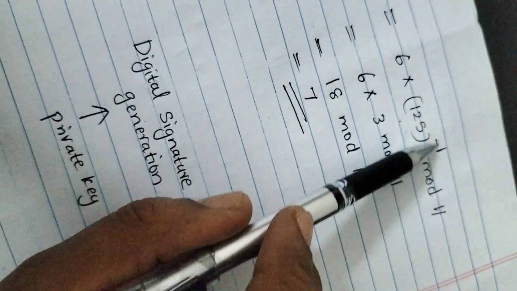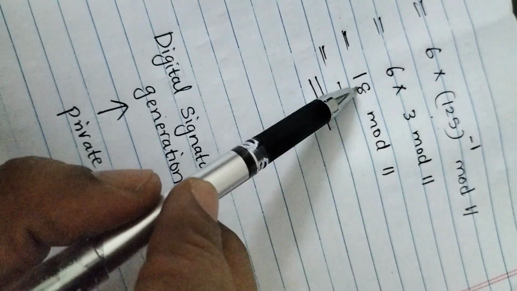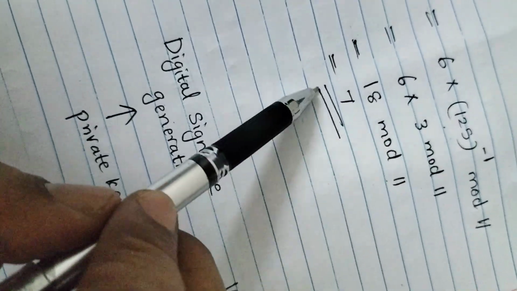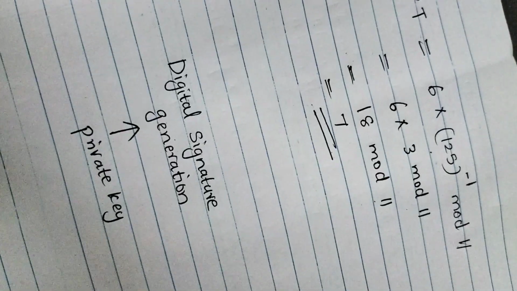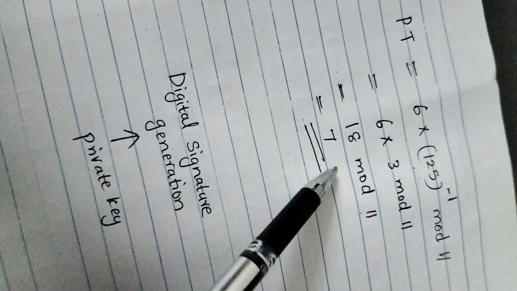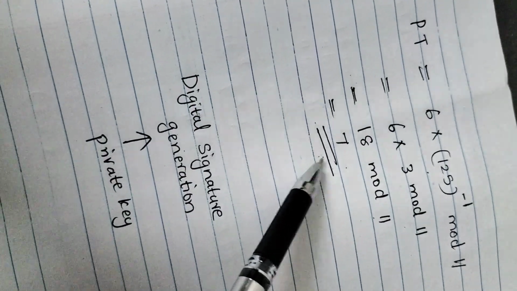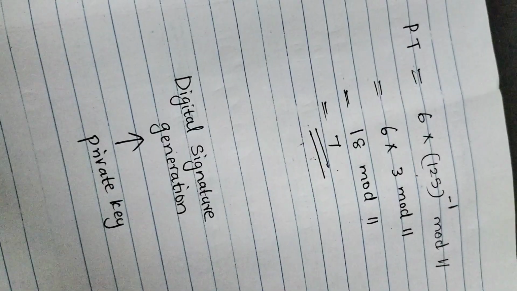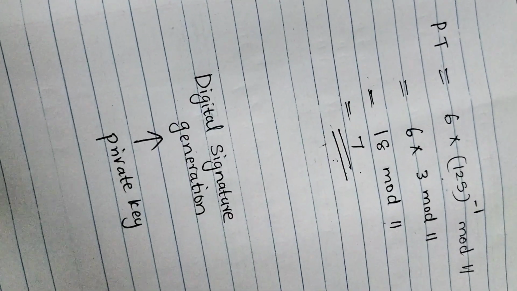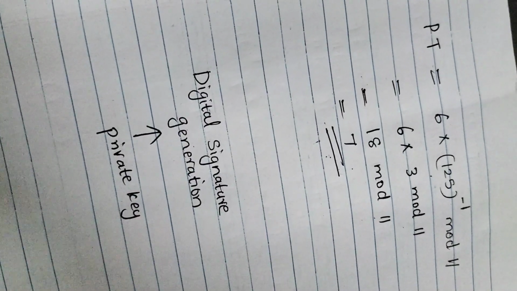This value we have got is 3. 6 into 3 mod 11, what will we get? 18 mod 11, and the answer is 7 that we receive at the receiver end. So at the sender end we sent the value 7, and at the receiver end we also receive the value 7. So for verification we use this ElGamal cryptography. This is one kind of algorithm. Thank you.